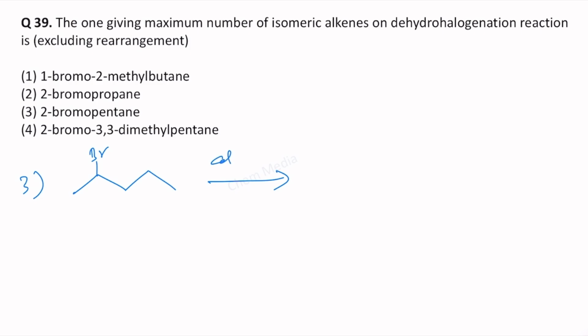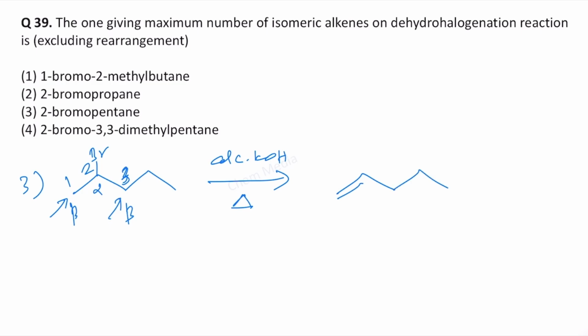If we are heating this with alcoholic potassium hydroxide, then we would get 3 products, because we have beta hydrogens at 2 different places. We have 3 beta hydrogens at position 1, and then we have 2 beta hydrogens at position 3, and therefore if one of the beta hydrogens get eliminated at position 1, then we would get pent-1-ene.